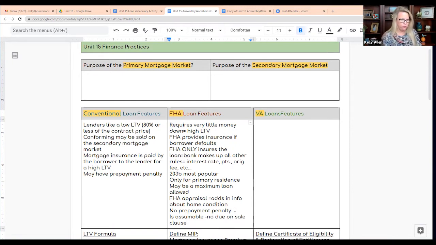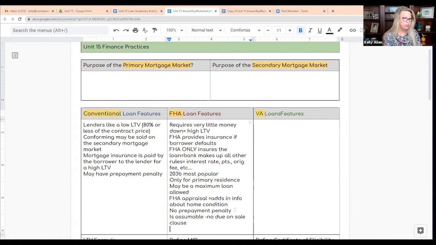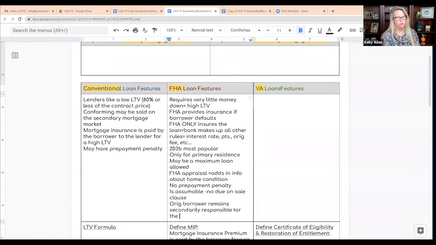Now, if a loan assumption takes place, then the original borrower could still be liable for the loan. So in a loan assumption, the original borrower remains secondarily responsible for the loan.